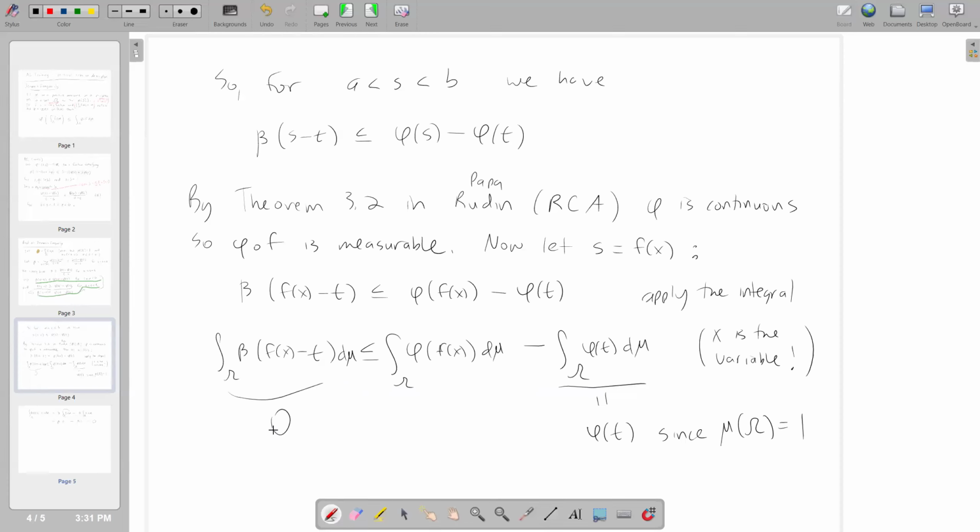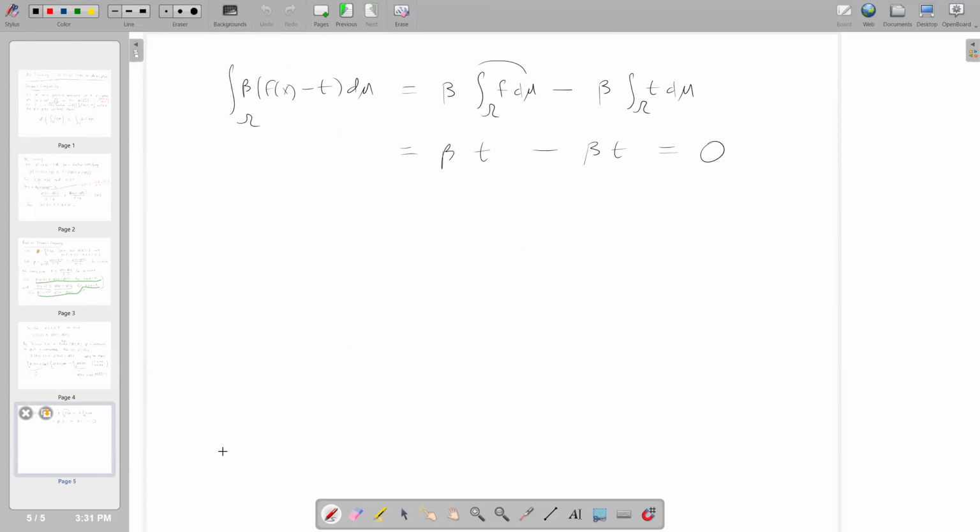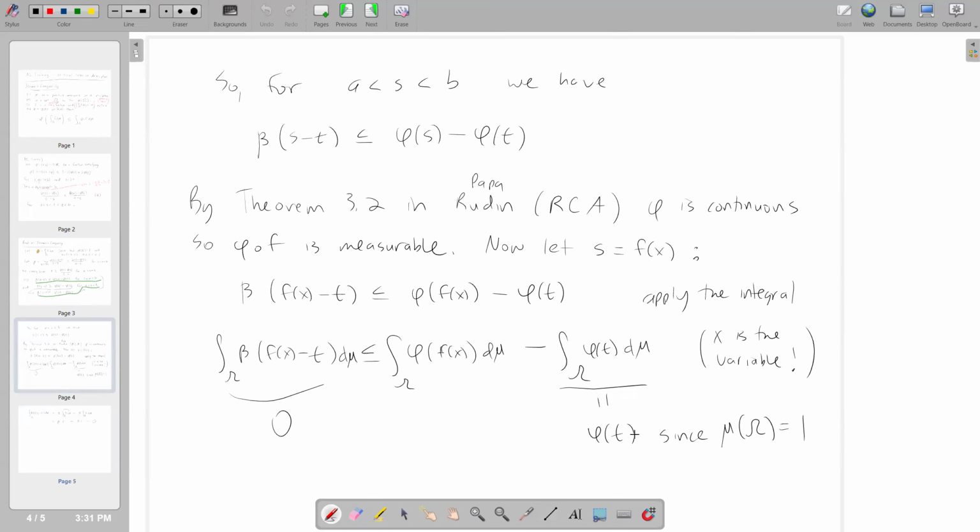And now, if we remember that t is the integral of f, then this is phi of the integral, and this is the integral of phi of f, and the difference is greater than or equal to 0.